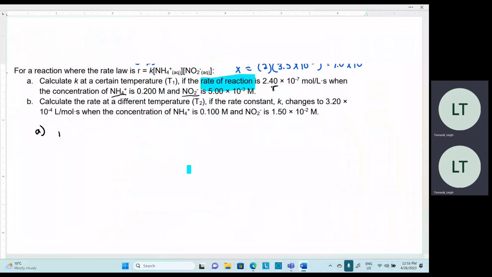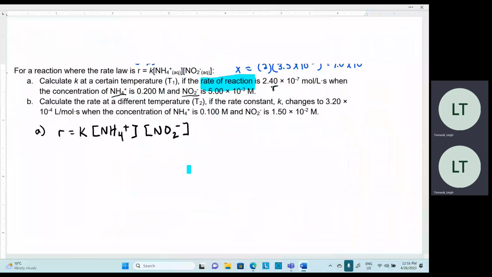So they're giving us the entire formula: K, concentration of NH4 plus, and the concentration of NO2 minus. There are no exponents there, which means it's 1 and 1. The order of reaction for ammonium, NH4 plus, is 1.